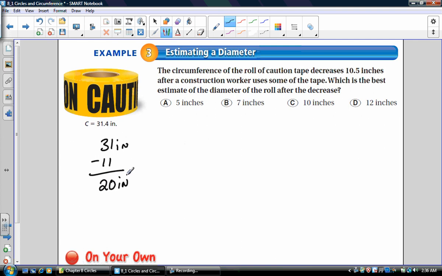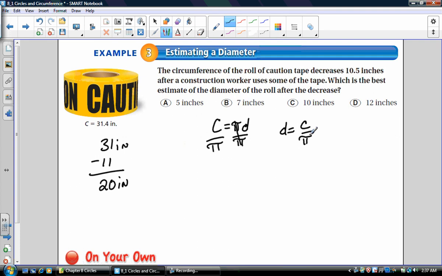And then we want to divide that by 3, because if we use the following formula, circumference is pi times the diameter, and we're looking for the diameter, I would take this equation and solve for d. So I would have to divide both sides by pi. They cancel. So we get the following formula: the diameter is going to be equal to the circumference divided by pi.